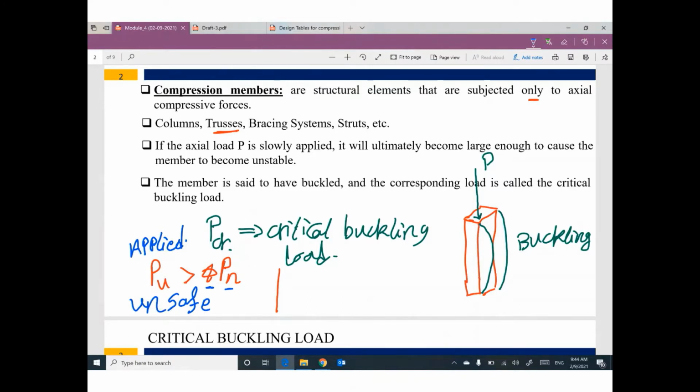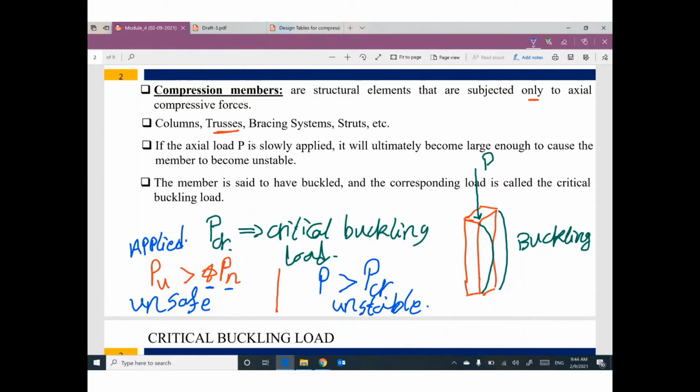For a member under the effect of compression, we have P ultimate greater than P critical. That means this member can be called unstable. There is a big difference between unsafe and unstable.